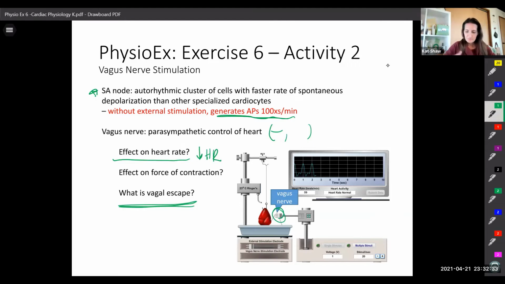And what I just want you to keep in mind about vagal escape is it's describing the ability of either the sympathetic reflexes, the sympathetic division, or the spontaneous depolarization by the Purkinje fibers, for instance, to resume heartbeat at the level of ventricles, because there's no parasympathetic influence here.